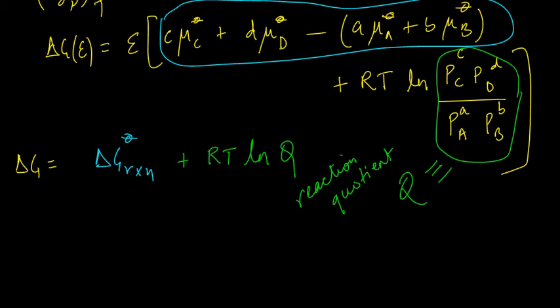Now what do I want over here is that at equilibrium, yes, at equilibrium delta G is 0, right? Which means that delta G reaction at the standard state would be equal to minus of RT log Q, equilibrium.